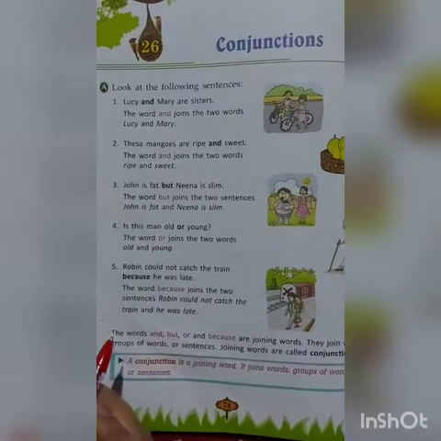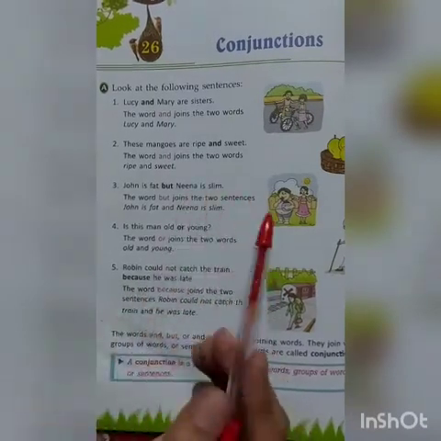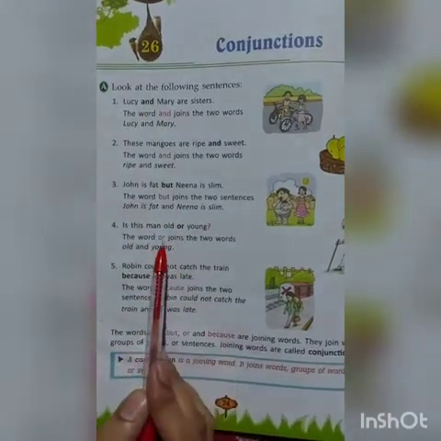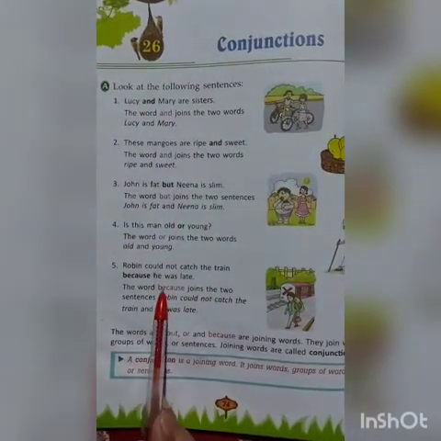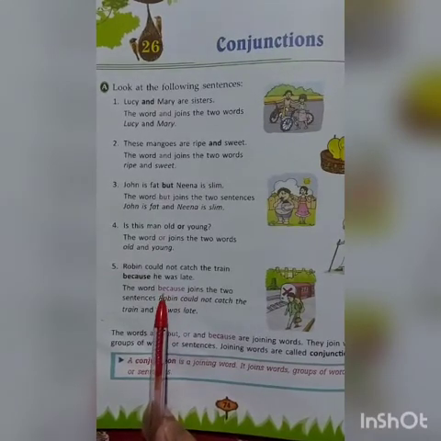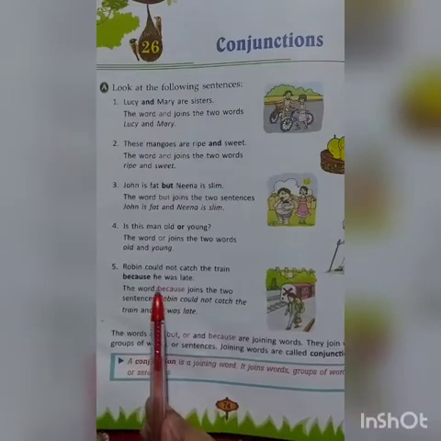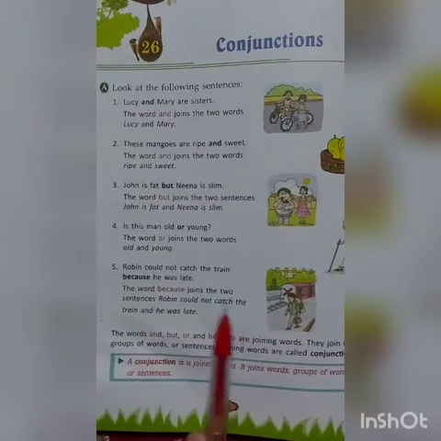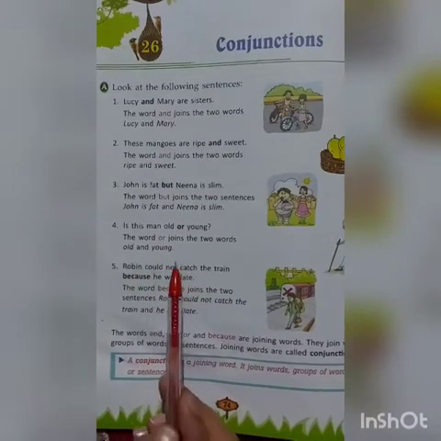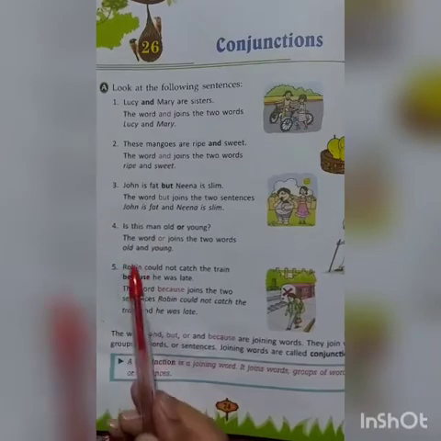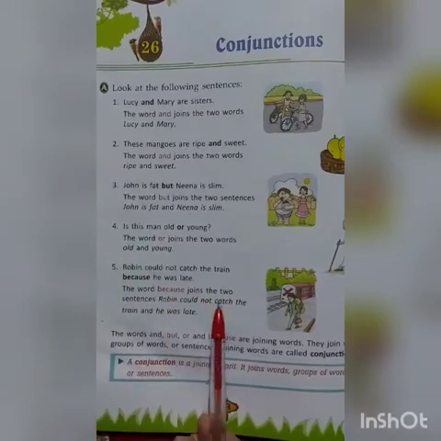Okay? So words like and, but, or, and because, they are what? They are some of the commonly used conjunctions. And conjunctions are what, children? Conjunctions are joining words. Okay? Conjunctions join words, group of words or sentences.